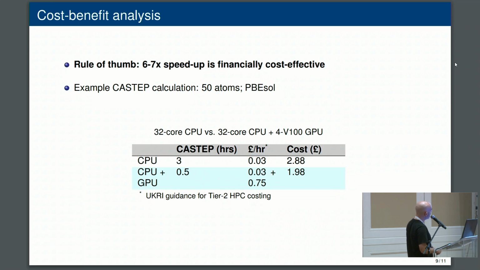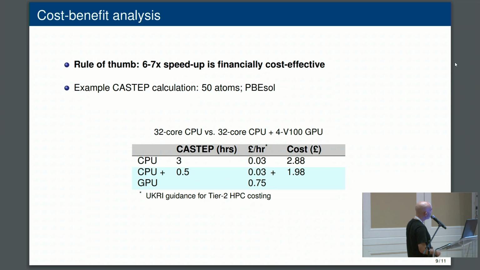And if we look at the example of the CASTEP calculation that I just showed you, about 50 atoms and using PBEsol or what have you as a GGA, and looking at the 32-core CPU versus 32-core CPU plus 4 V100s, we're looking at a 6x speed up in the time. And according to the UKRI guidance for Tier 2 HPC, sorry, I don't have any South Africa numbers for this, but maybe you can provide your own, a CPU hour costs around 3 pennies, and a GPU hour costs around 75 pence per hour.